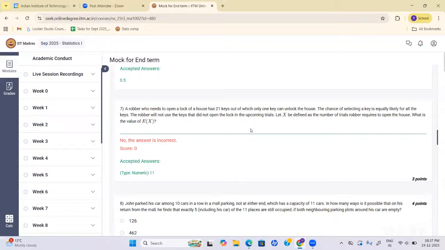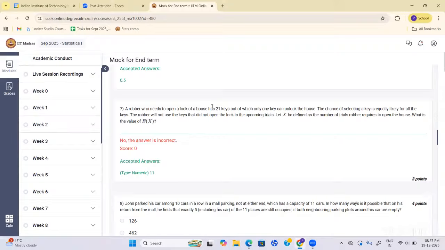Ma'am, every time we use one key, we discard that key. That is the 21C1, like 1 comma 21 into 1 comma 20, but we discard that trial. So there is no need of doing the combination concept here, I think. Yes, we don't need to do that, I think.